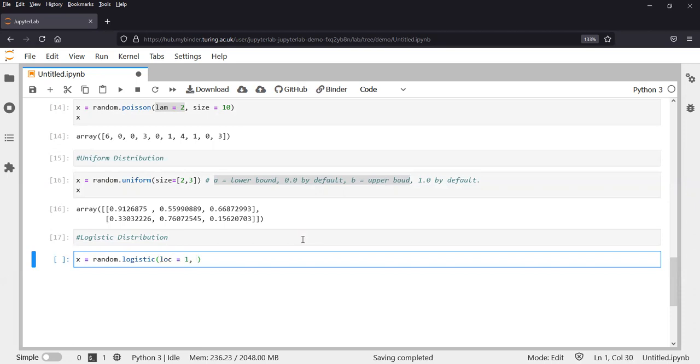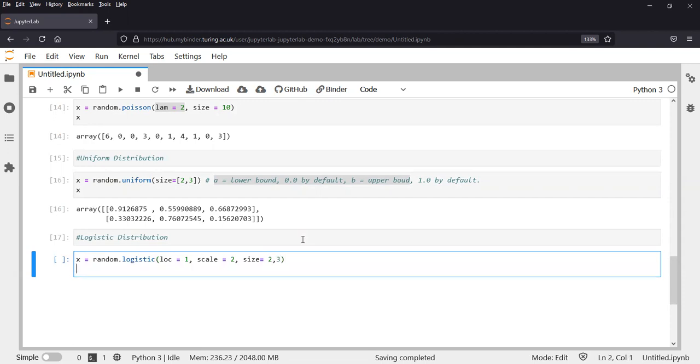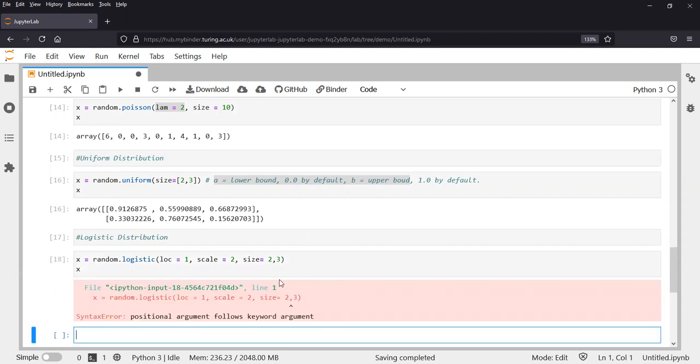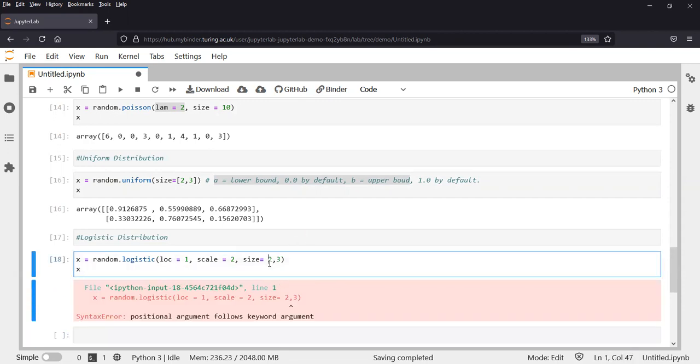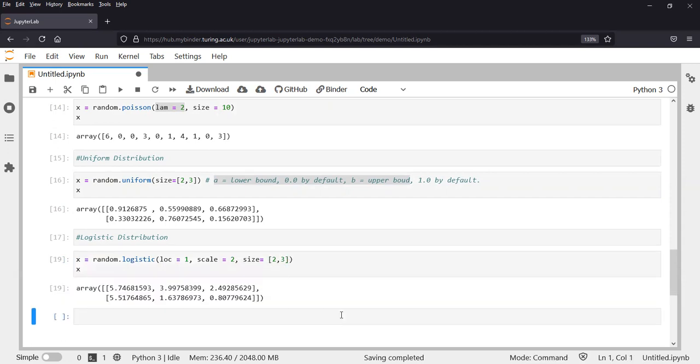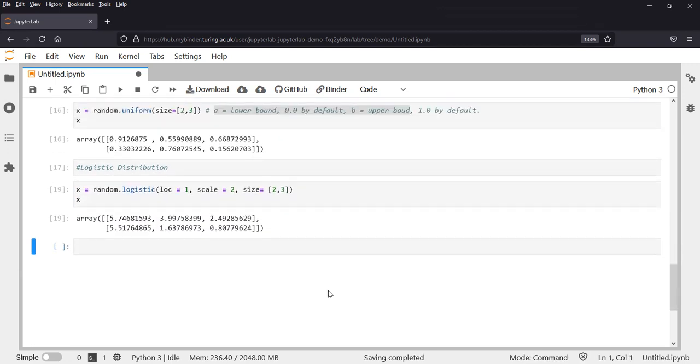Loc means the mean, scale means the standard deviation, and size is just the length, here 3. So that is the structure of the logistic distribution.